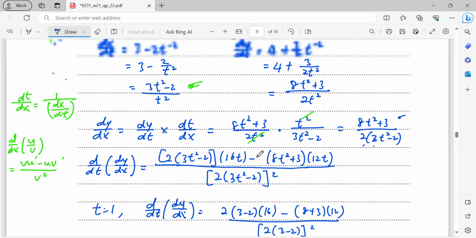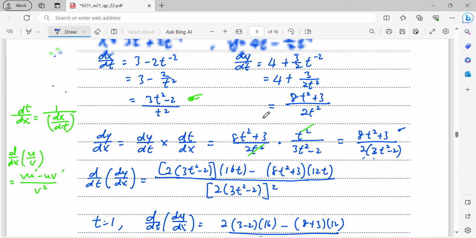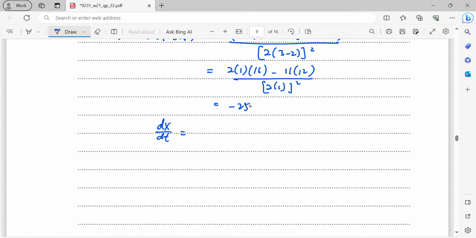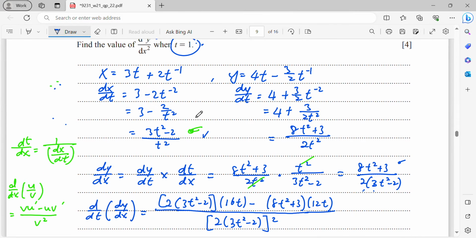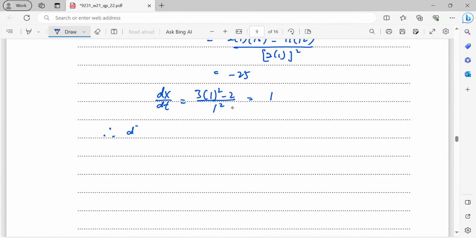So now I need the dx dt. So now my dx dt equals 3t squared minus 2 over t squared. Therefore, it is 1. Therefore, d squared y over dx squared is d over dt of dy over dx times dt over dx.